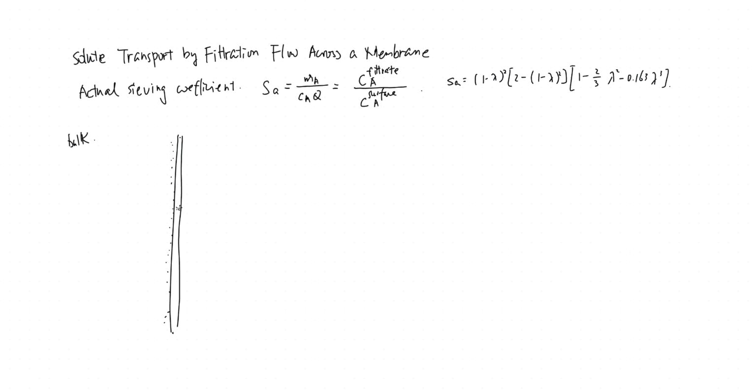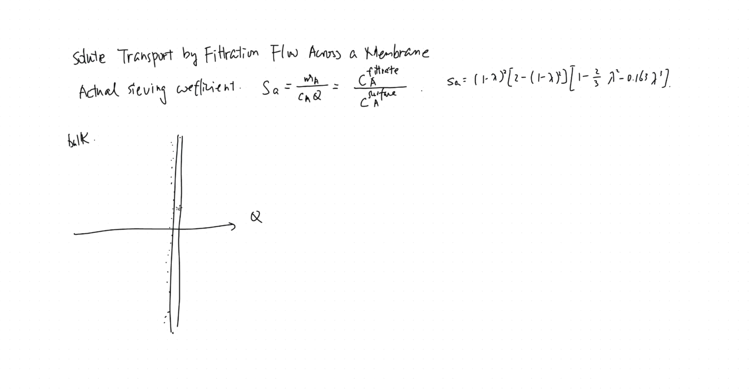If you have a slow filtration, if your Q rate is small, or if the membrane is very permeable to the solute, then solute would easily go through the membrane. Then that should not be an issue.